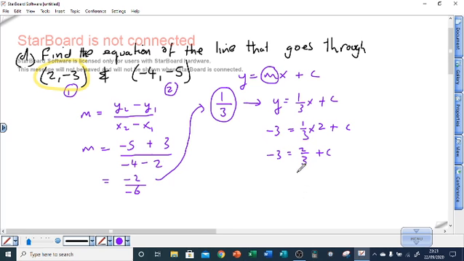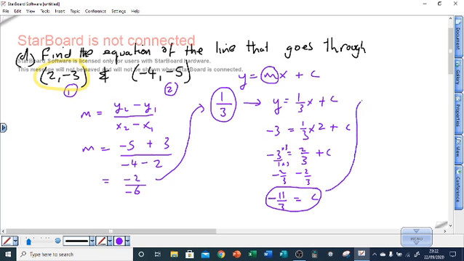Take 2/3 from both sides. You can do it on the calculator, but converting a whole 3 into thirds, that's over 1 at the moment. You'd have to times that by 3 and times the top by 3 to convert it into thirds. So that's the same as saying minus 9/3. Take away 2/3 gives you minus 11/3. And that in fact is what c equals.